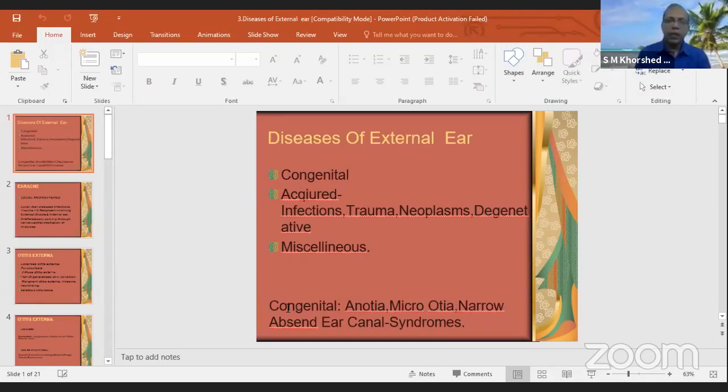Sometimes we have seen students write in their papers that malignant otitis externa is a malignant condition of the external ear canal. Very dangerous, but it is not a malignant condition like that. It is an infection of the external ear canal, which is named malignant because it kills the patient.